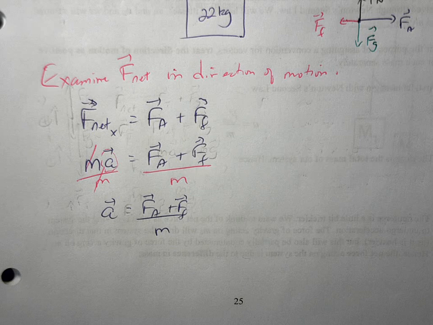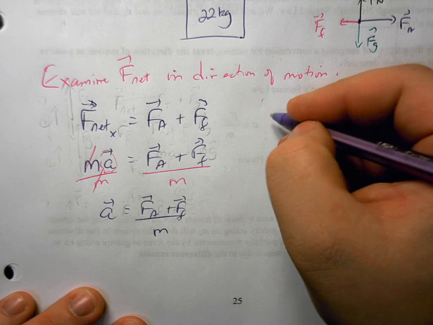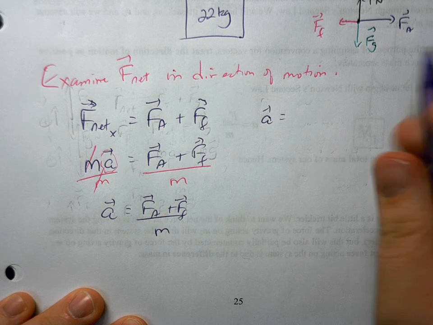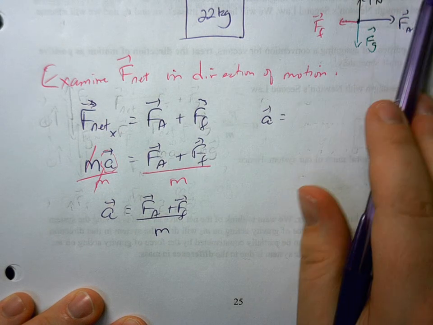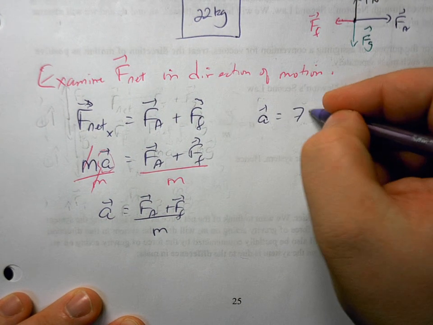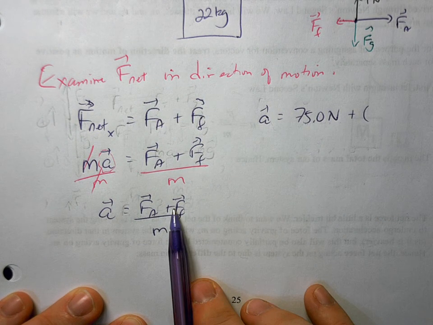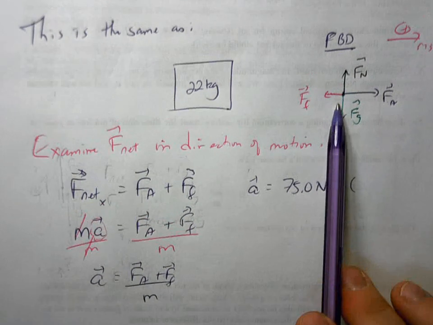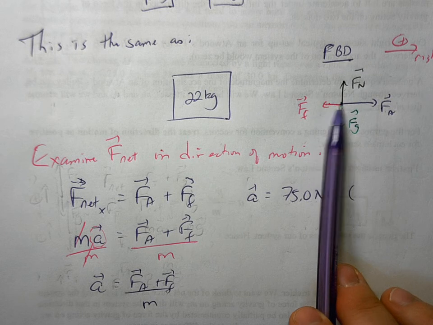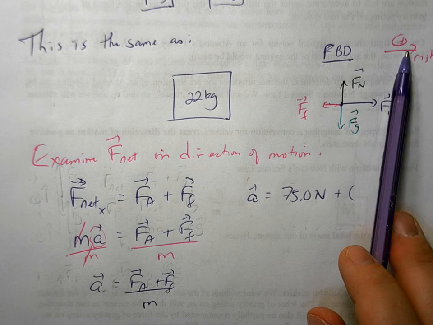So the only thing that we have to be really careful with, once again, it all comes down to signs. So my acceleration, we're told the applied force is 75 newtons right. We've called right positive, so we're going to put that in as 75 newtons. And then we're going to add to that the force of friction, but friction always opposes our motion. Friction's going to the left in this case, which is going to be a negative.